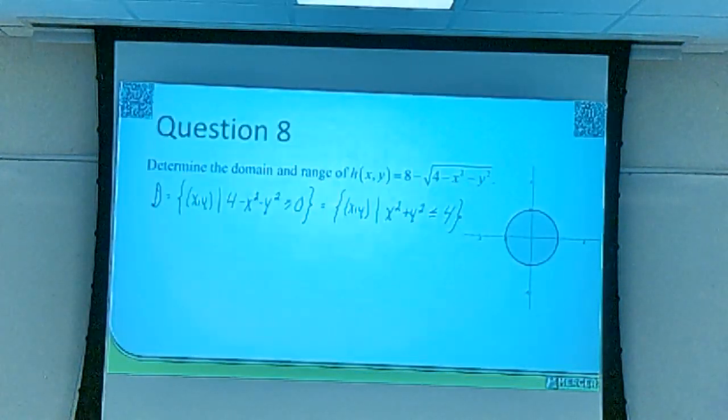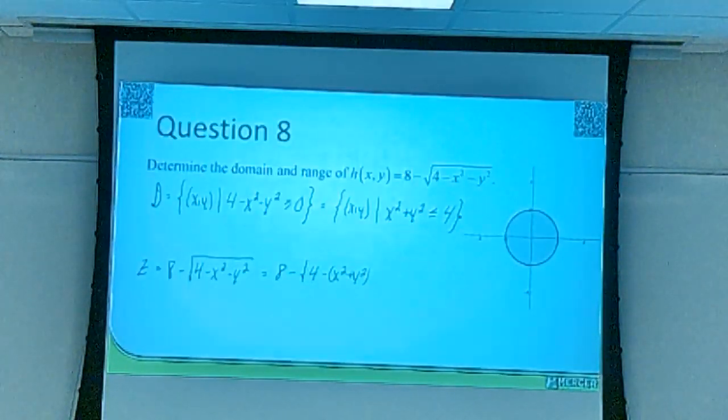Now for the range. If x squared plus y squared is less than or equal to 4, it's actually also implied that it's greater than or equal to 0.